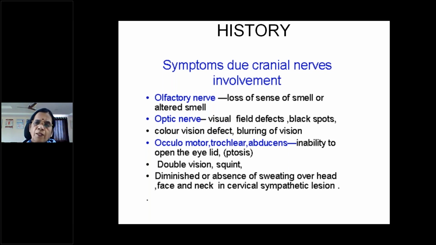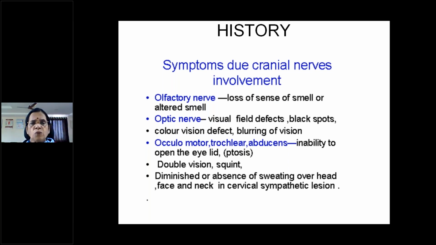Cacosmia means a persistent bad smell, which indicates atrophic rhinitis, where the patient can have a persistent bad smell because of degeneration or destruction of the bones.